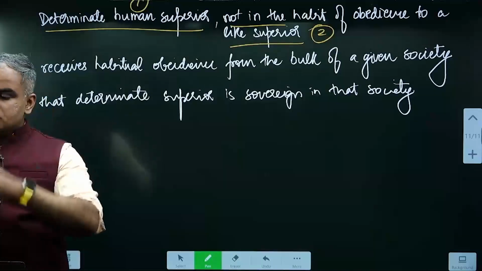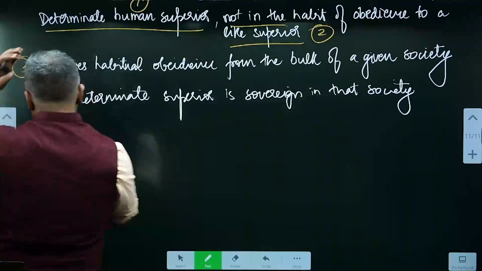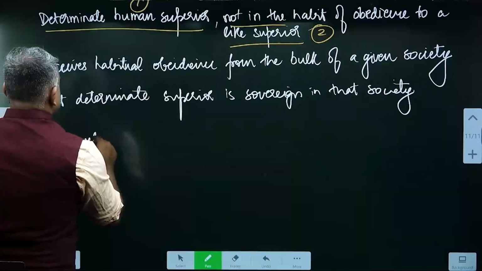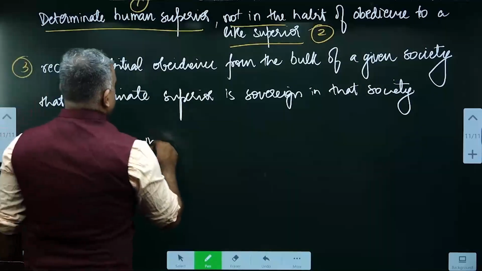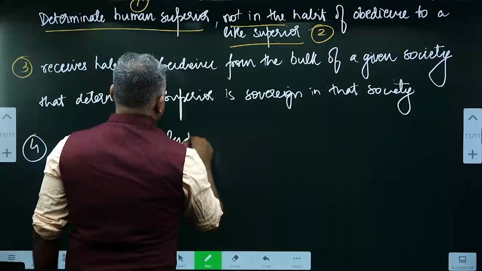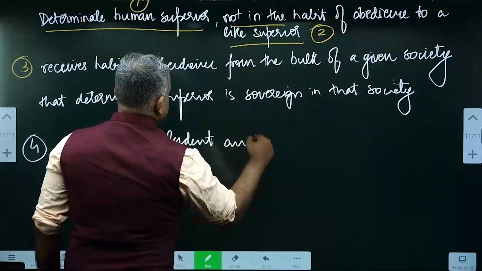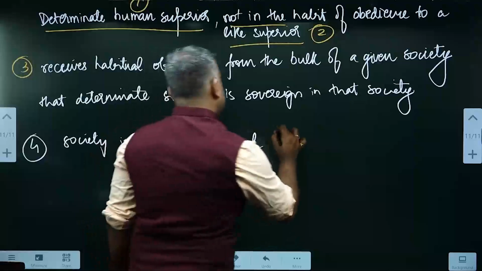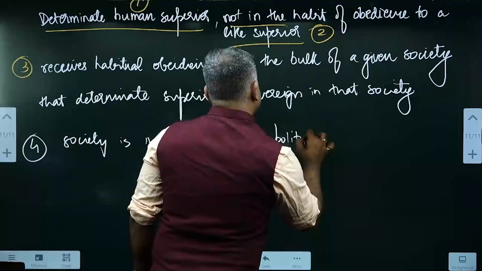So that is the fourth part. And that society is independent. That society is an independent and political society. Now let's break this down.